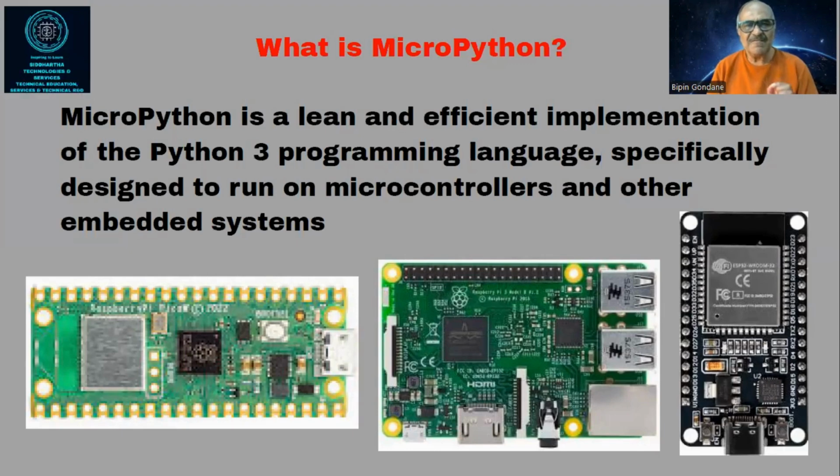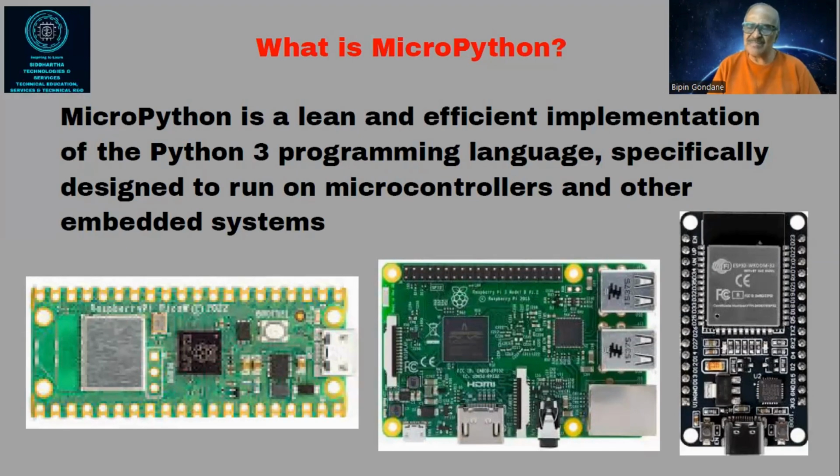So when the word MicroPython comes, keep one thing in mind: it is designed to run on a microcontroller, number one, and embedded system boards. As you can see at the bottom, I have kept three boards. One is the Raspberry Pi B3 board, an old controller board.